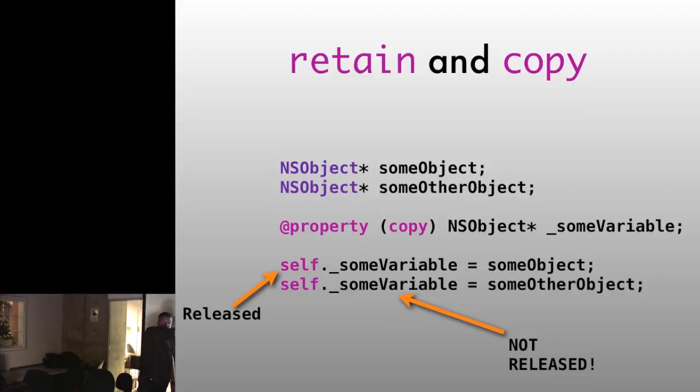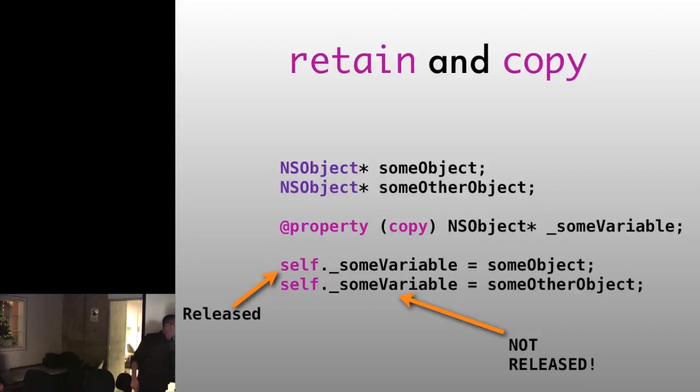We make a variable that has the copy property. We do self.someVariable = someObject, and it makes a copy of some object and sets some variable to it. If we do an immediate set right after that, some variable needs to get rid of the copy of some object. The copy setter does that under the hood for you.